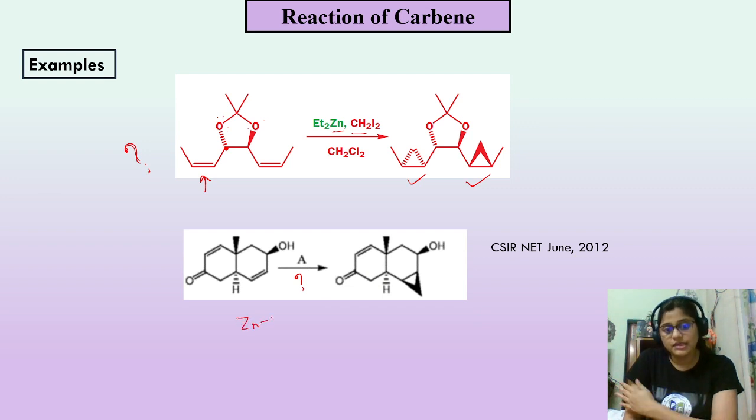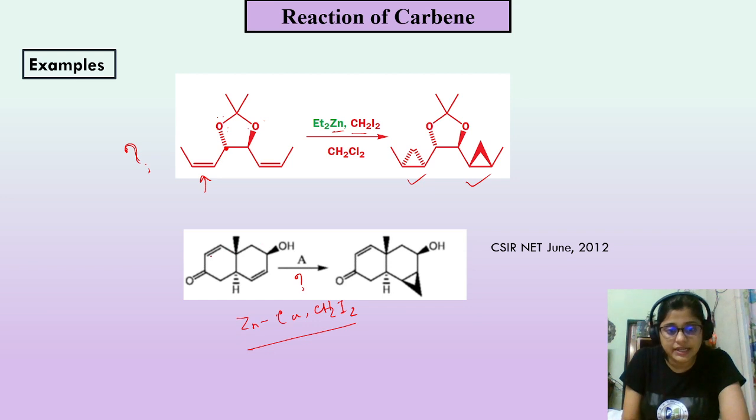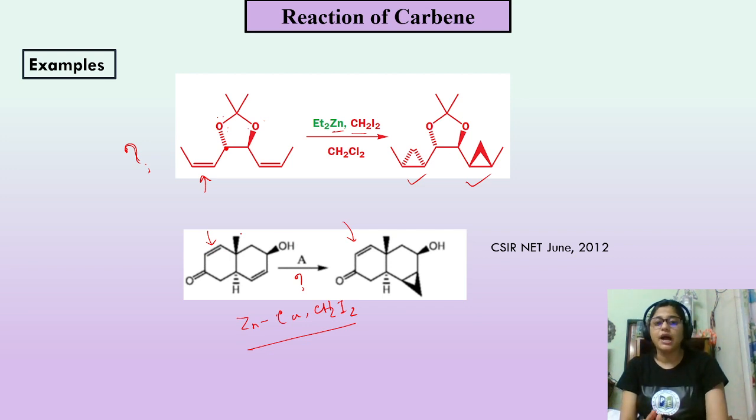Here an allylic alcohol is present, and from the upside the cyclopropane ring is formed. So zinc, copper and CH2I2 should be right. But here one other important thing is that another double bond is present. So why is the cyclopropane not formed there? Because we know that the carbene is the electrophilic center, and the double bond which is attacking acts as a nucleophile, right?